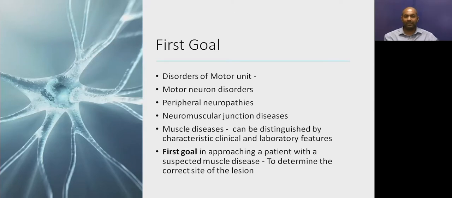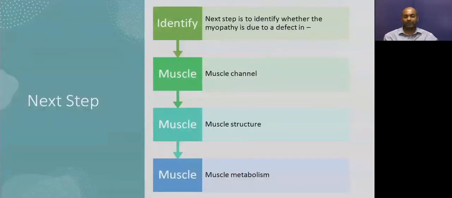This can be distinguished by the characteristic clinical and laboratory features. The next step, once we identify the localization to muscle, is to identify where exactly the defect is. Is it a defect in the muscle channel, a defect in muscle structure, or a defect in muscle metabolism?